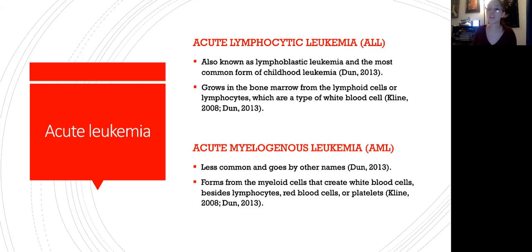Each form of acute leukemia is named after the type of blood cell that the cancer grows from. For example, acute lymphocytic leukemia grows from lymphoid cells, while acute myelogenous leukemia grows from myeloid cells.